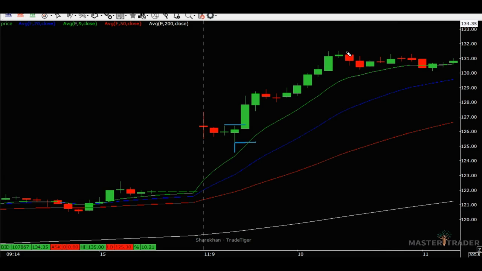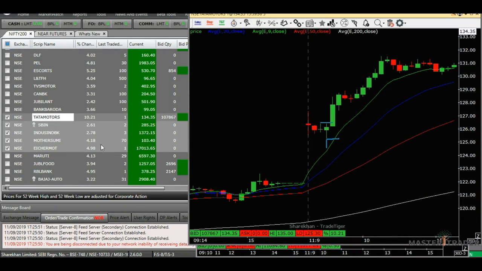So we're risking 1 and gaining almost 5 points if you trail it all the way. How amazing is that? 1:5 kind of a risk to reward. This is what is possible, guys, with this.